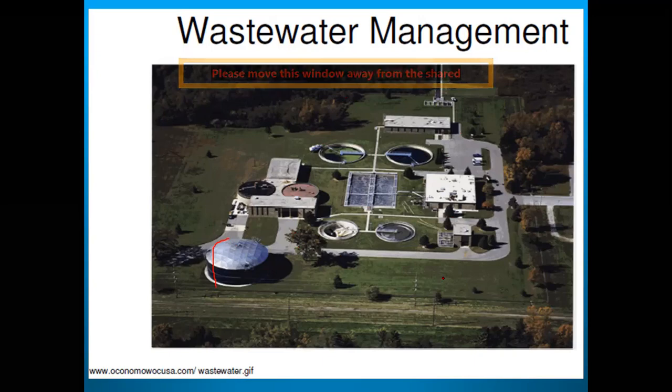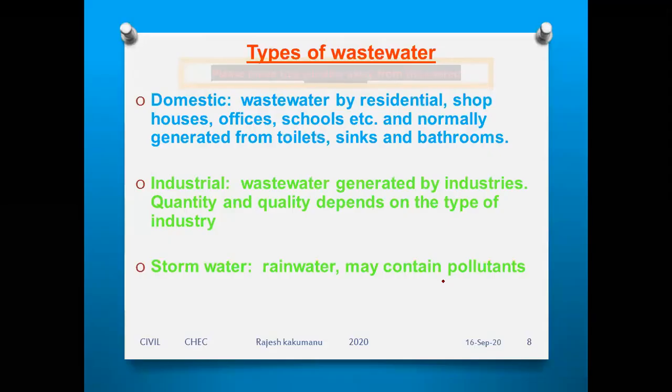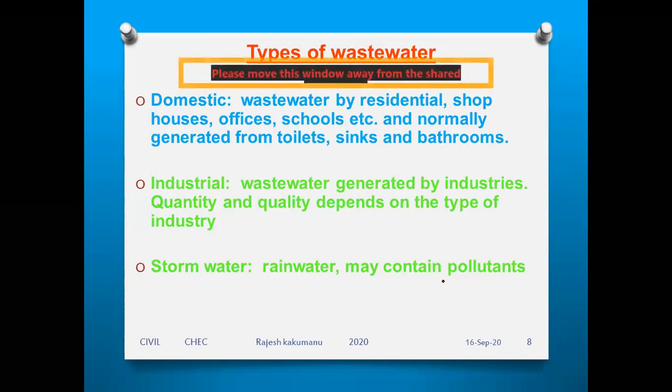Okay, na? Next. Then what are the types of wastewater? So generally what we have discussed earlier, we are having three types of wastewater. One is domestic wastewater, industrial wastewater, and rainwater.